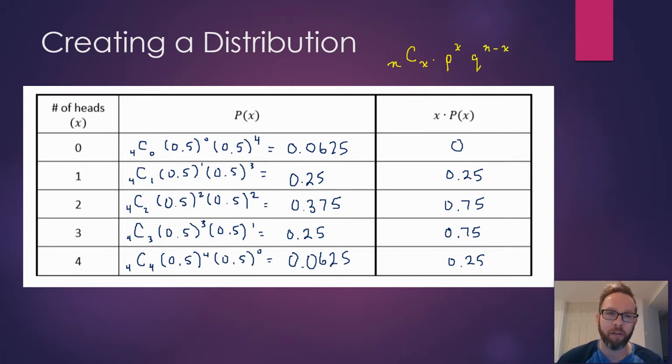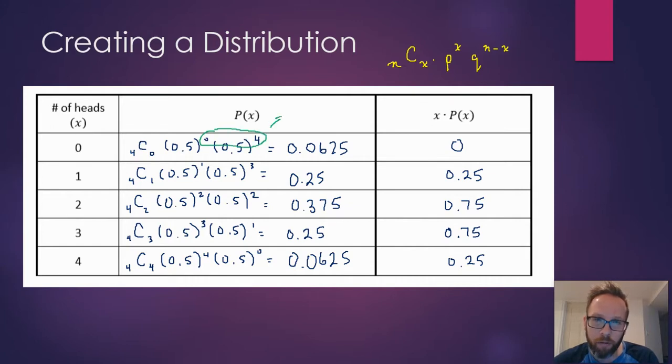So for 0 heads, I have n, 4, choose 0, which is my x. P is my probability of success, 0.5 to the power of 0, for 0 successes. And then 0.5 was my Q, probability of failure, to the power of 4.